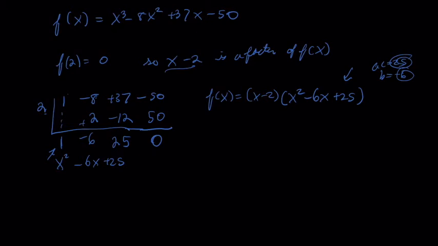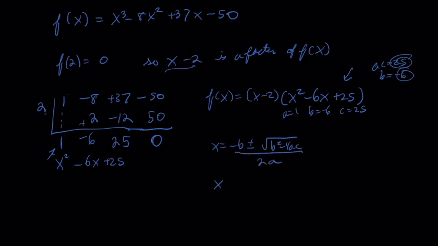A great place to start is with our A, B, C's. So I have x equals negative b plus or minus the square root of b squared minus 4ac all over 2a.